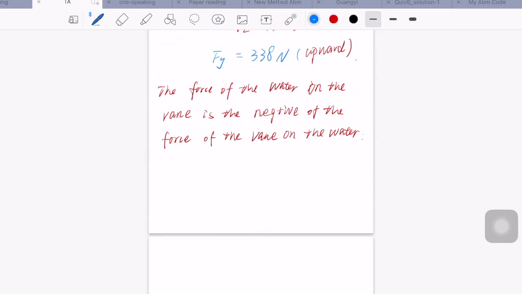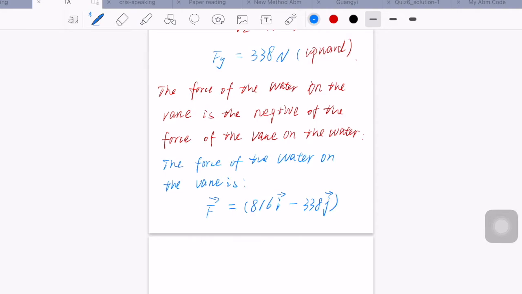So the force of the water on the van is F equal to 816 i minus 338 j Newton. So we finished this problem.